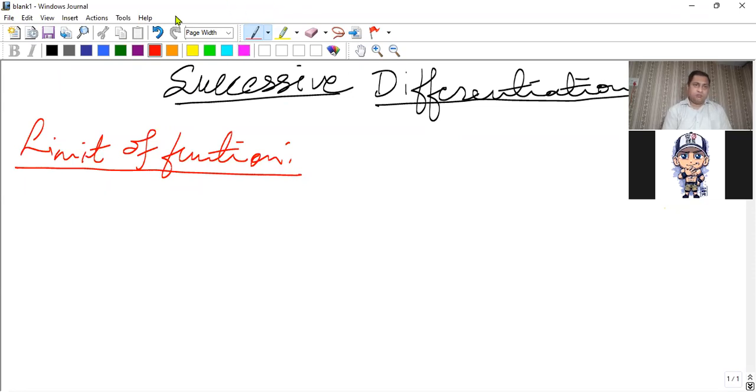Now we need to understand what is the limit of the function. So basically when we think of the limit, we try to define when the left limit exists and the right limit exists, and if the value of this left limit is the same as the right limit, then we say that the limit for the function exists and it is some constant.